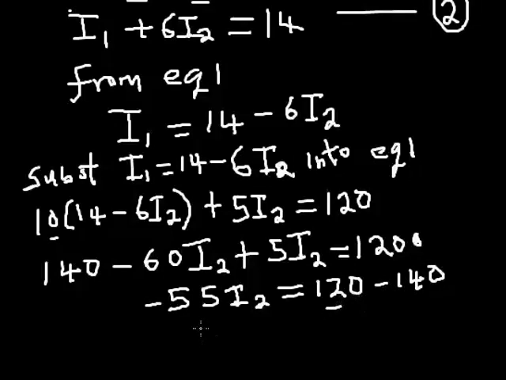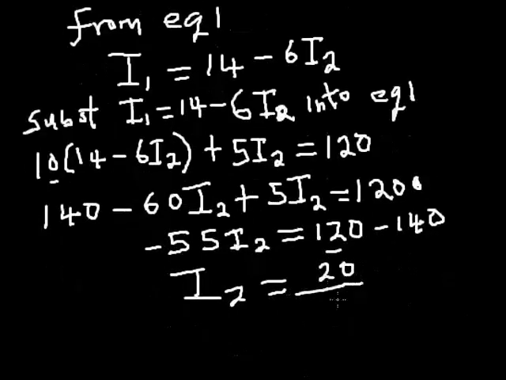Hope I'm not mistaken. That gives me minus 20, please pardon me, of course, minus. So my I2 now is going to be equal to 20 divided by 55. Okay, let's use the calculator.